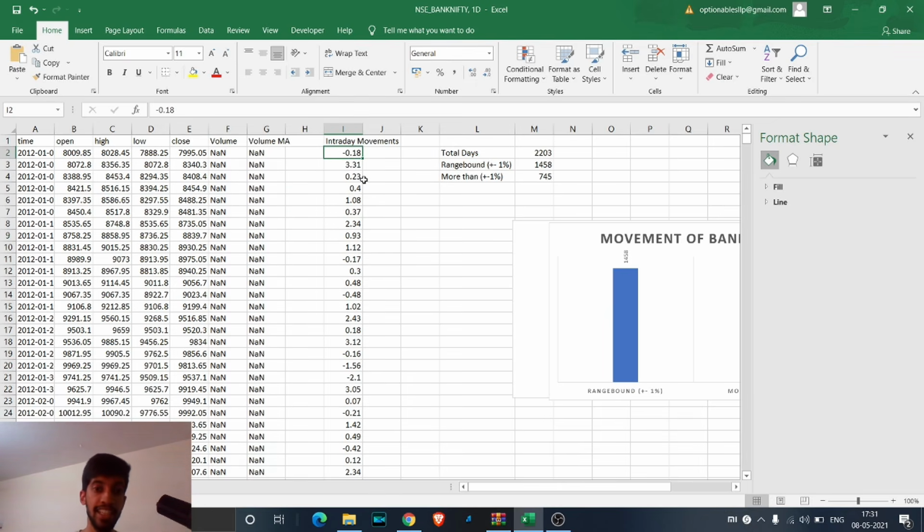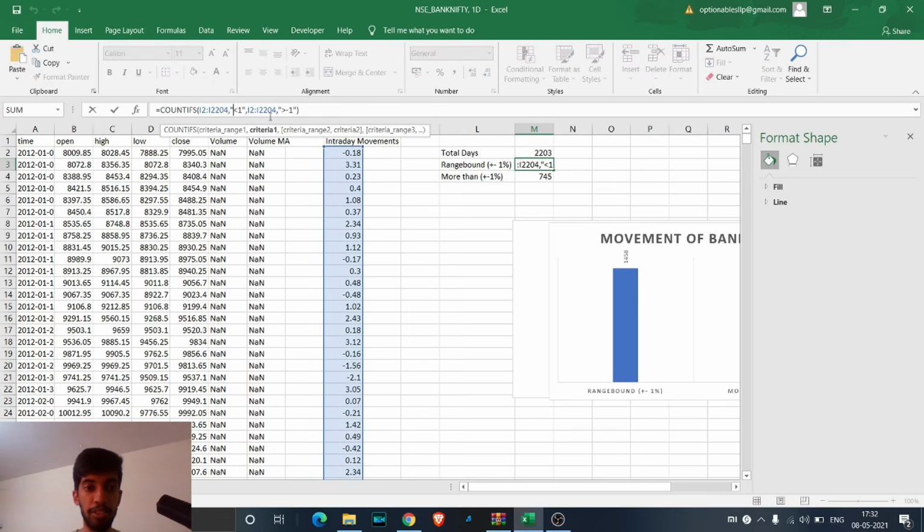I have calculated intraday movements, and you find that there are 2203 trading days between 1st January 2012 and December 2020. Out of these 2203 trading days, the market moved between plus or minus 1% for almost 1458 trading days. You can see I have put in an Excel function here.